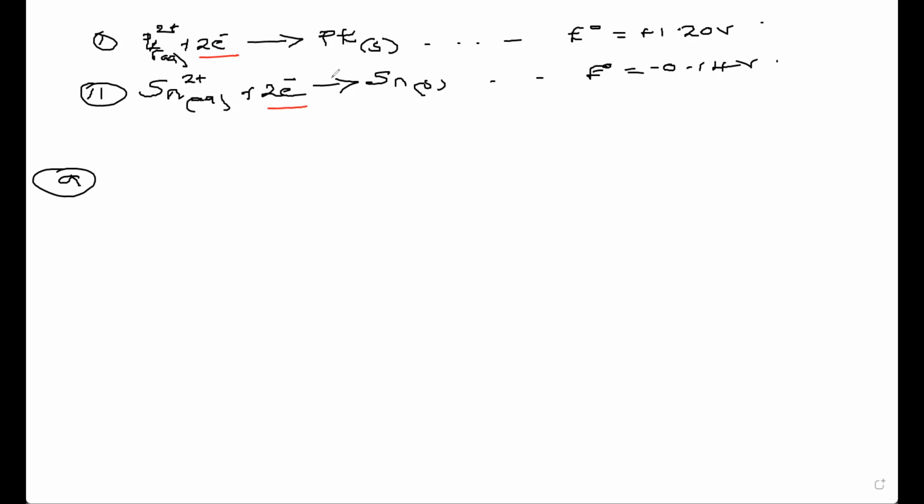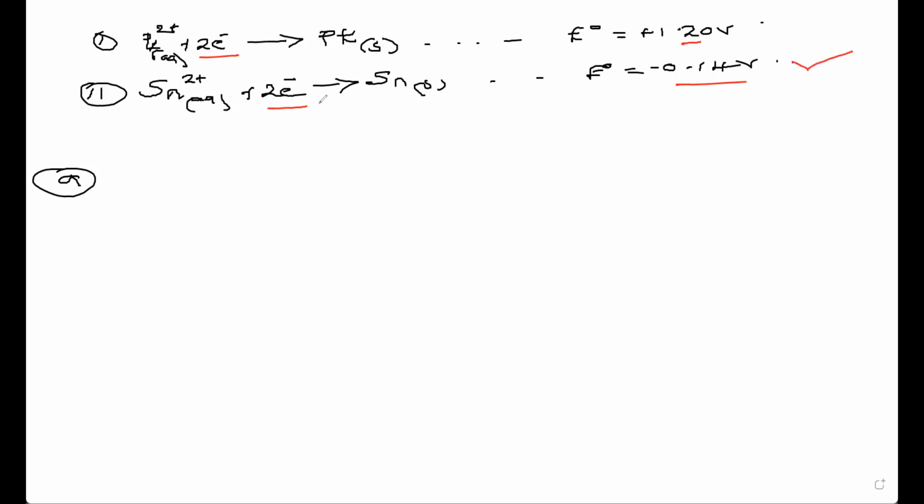You reverse the reaction with the lower potential. Check from the potentials you have which one is the smallest. The first one is positive 1.2 and the other one is negative, so you reverse the one with the smallest cell potential. In this case, it is this reaction.